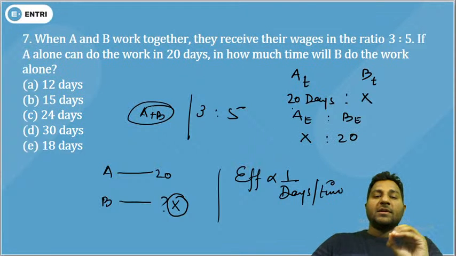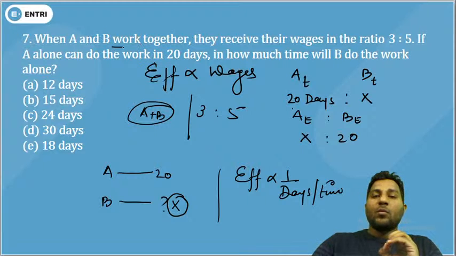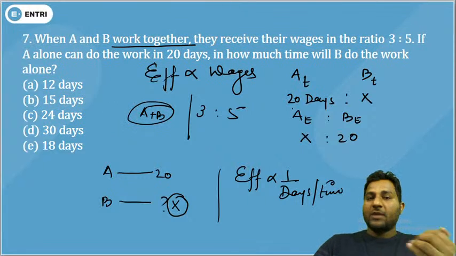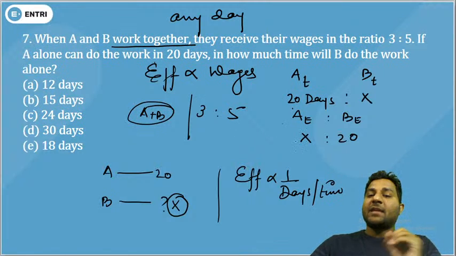And you know, their efficiency will be directly proportional to wages when they all work together, because if they are working together, that means nobody is skipping any particular day. That means their efficiency can be equated.